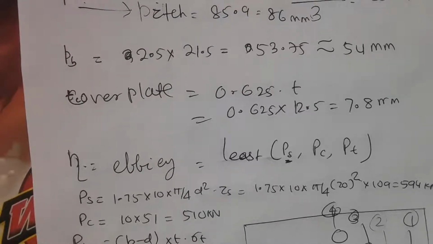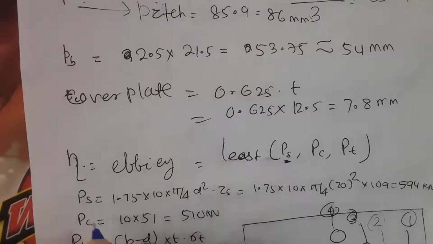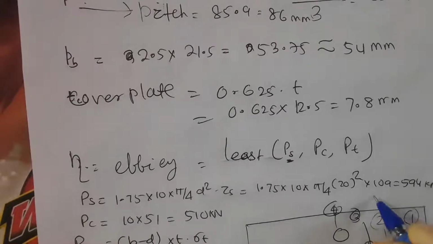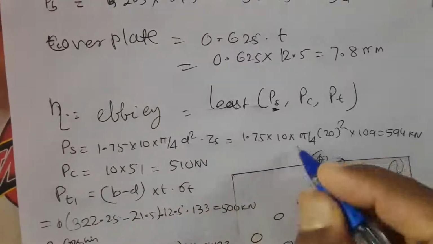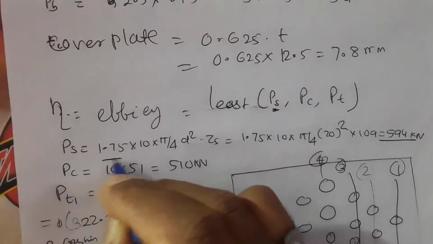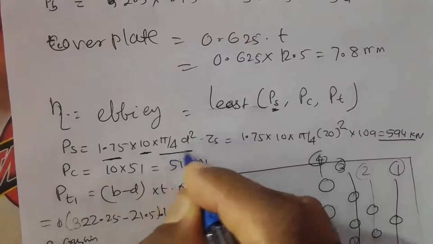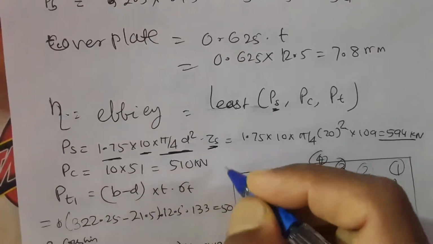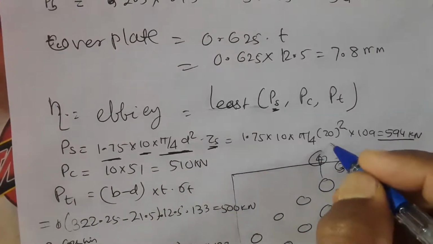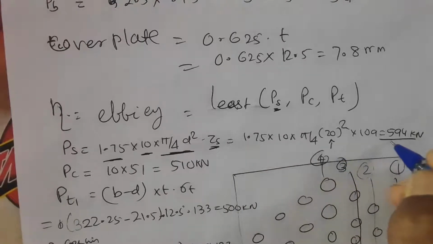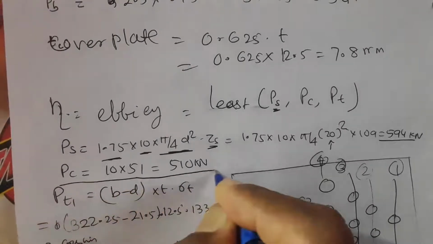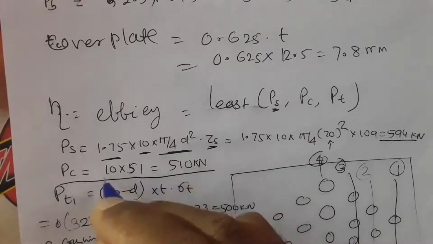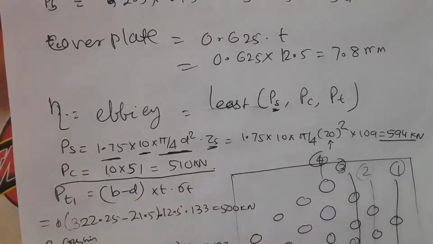So you have to consider there are 10 rivets, so the shearing strength of the entire 10 rivets is coming out to be this much, 1.7 double square. This is the area, this is the shearing strength, and the rivet diameter is 20. So total is 594 kilonewton. Crushing strength per rivet is coming out to be 51 kilonewton, so for 10 rivets we have calculated this.